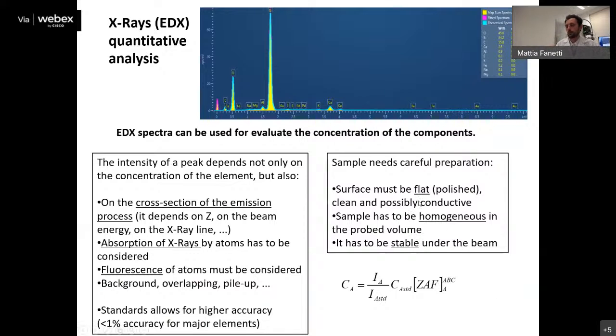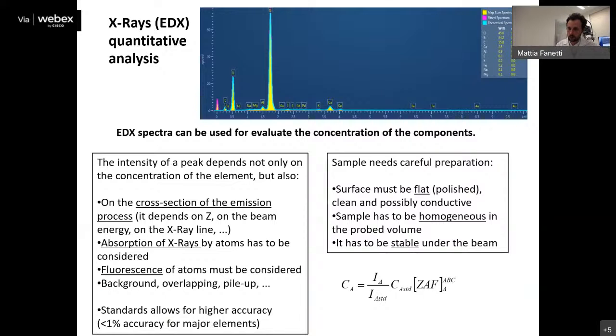If this is not true, so for example, in the sample that I showed you before, with a thin film of 40 nanometers of silver and titanium and oxygen over alumina or over silicon, this is not a homogeneous sample. So there are some tricks to account for it, at least in the case of the homogeneous film.